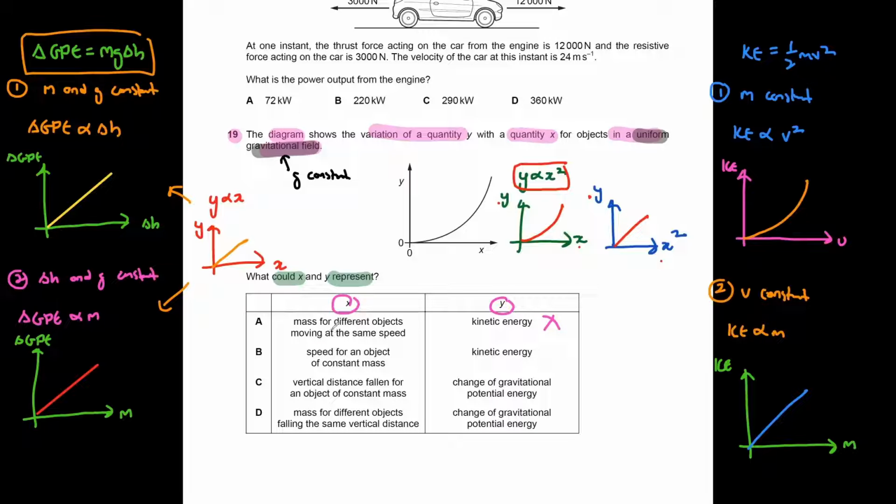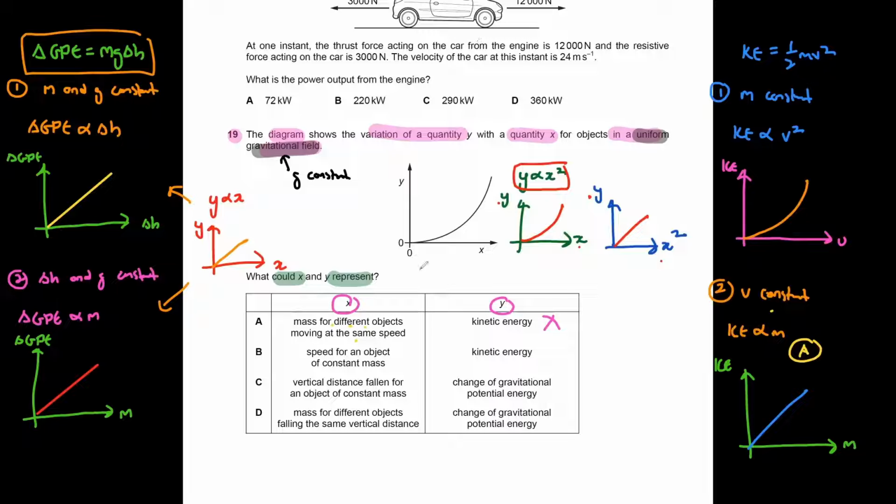A should have been this one. This is the graph for A. Okay, because they say mass for different objects moving at the same speed, that means v is constant, only mass is changing. So A should have been this graph.